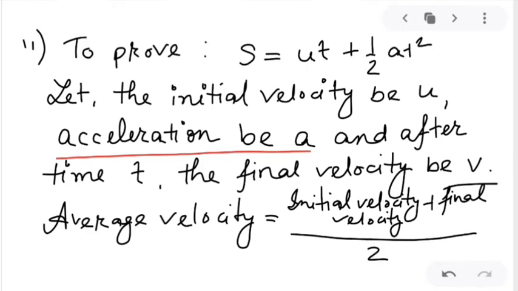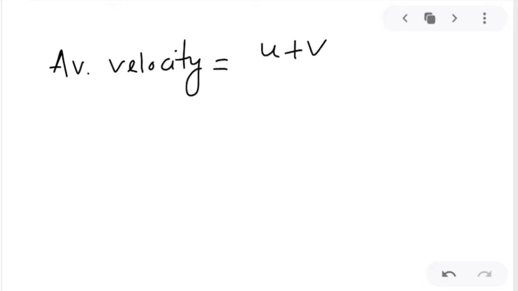So we have discussed that when a body is moving with uniform acceleration, its average velocity is taken to be the average of initial and final velocity, that is initial velocity plus final velocity by 2. That means we can write average velocity equal to u plus v by 2.